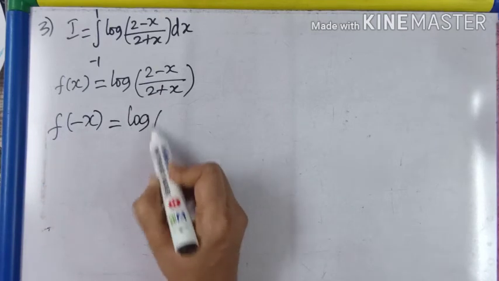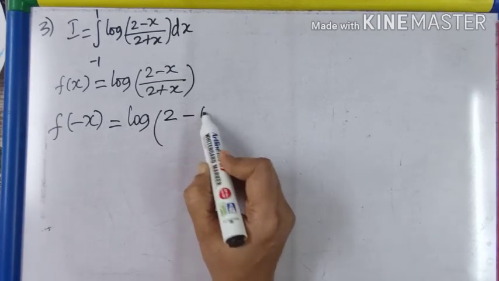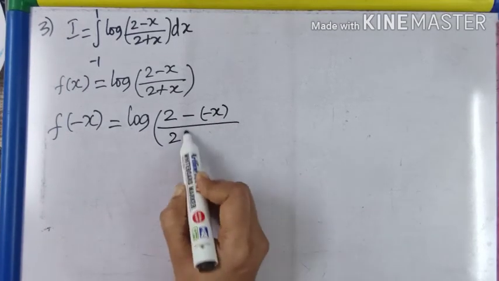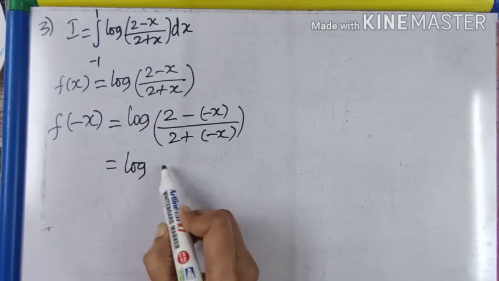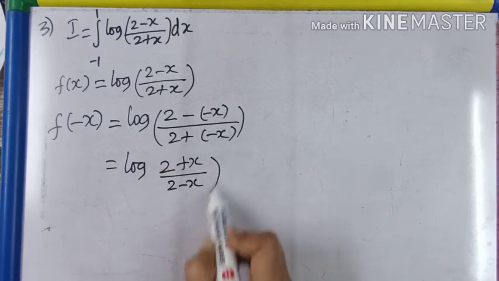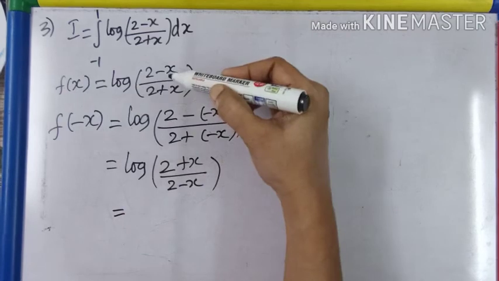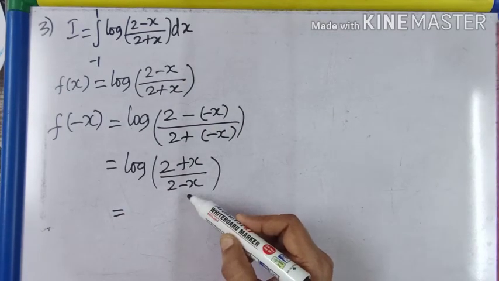So wherever x comes, let me put minus x. 2 minus of minus x by 2 plus minus x. That is log of (2 plus x) by (2 minus x). See, this is (2 minus x) by (2 plus x), and this is (2 plus x) by (2 minus x).